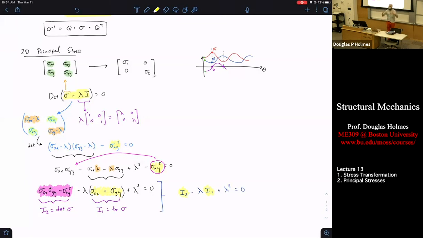Those invariants are the things that don't change when you rotate your object around. Your principal stresses are the result of this diagonalization. When you solve these equations, you get these two principal stresses. That tells you the magnitude of the maximum stress for your object that's being loaded. The way you find it is through evaluating the things about a tensor that don't depend on how you're measuring stuff. And those are referred to as invariants.